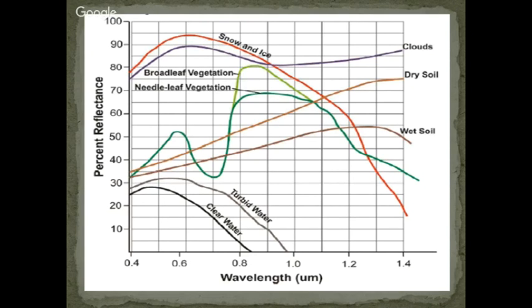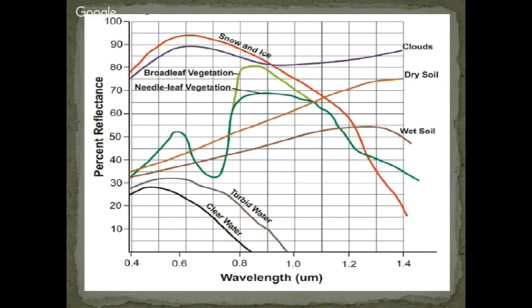In deserts this reflectance could be more than 70%, 80%, or even 90%. They will appear very bright, because deserts have a deficiency of water, and in case of deficiency of water, the surfaces will not absorb energy, they will reflect most of the energy.